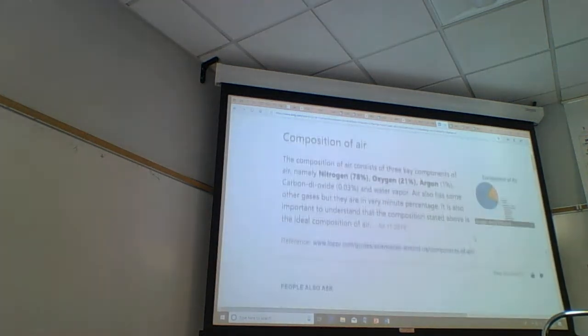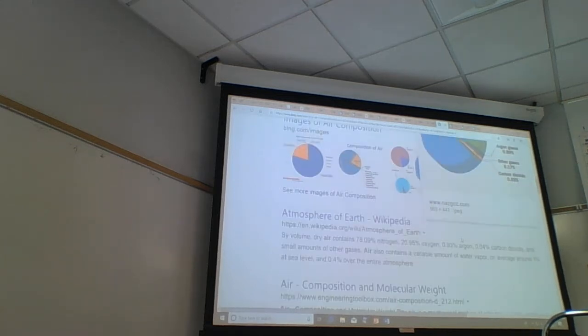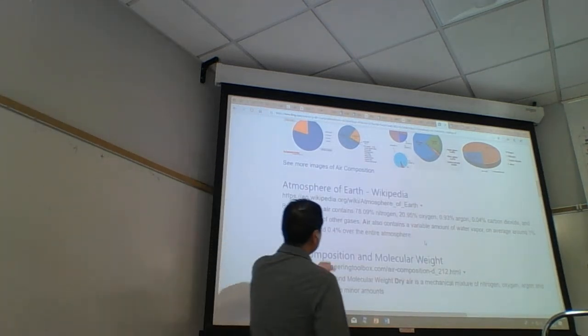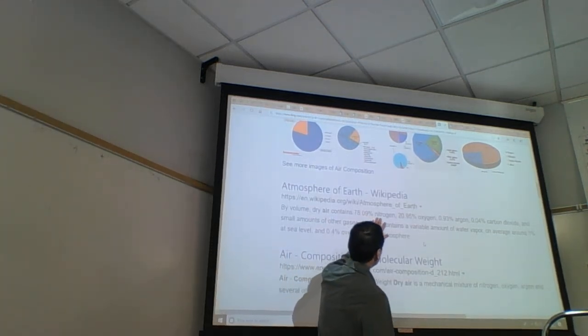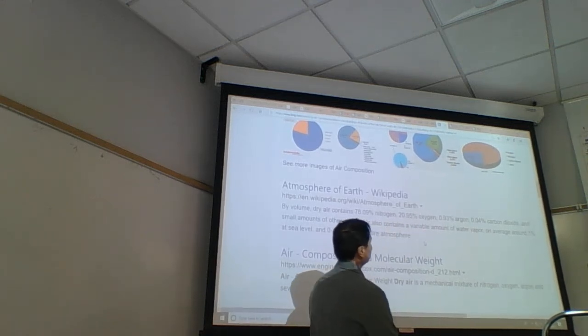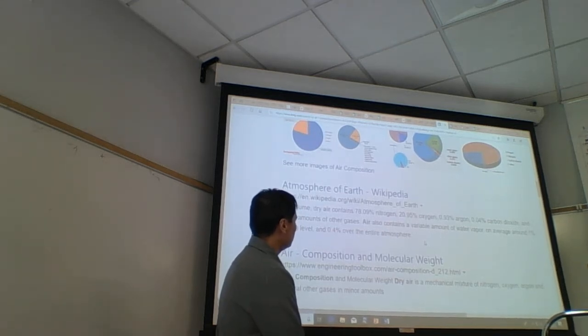Well, there are many different sources for the composition. But if you look at Wikipedia, you can see 78% nitrogen, 21% oxygen, and about 1% argon, 0.04% carbon dioxide. And so we'll just round it.